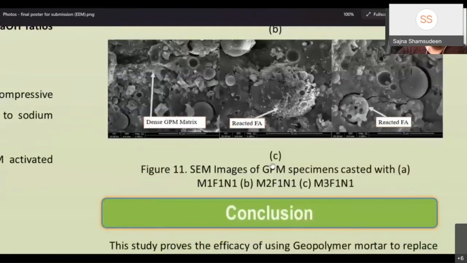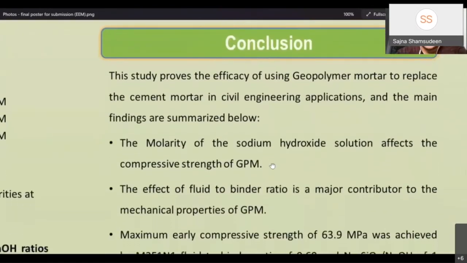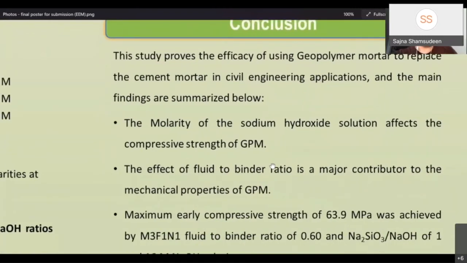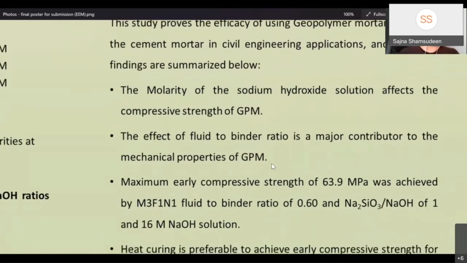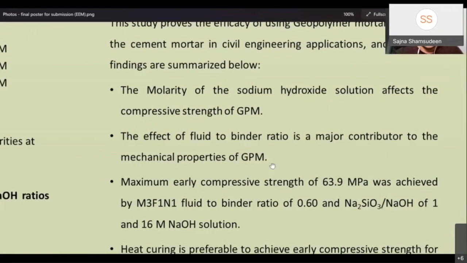So in conclusion of this research, it proves that we can use geopolymer mortar to replace cement mortar in civil engineering applications. It can be used as repair material. The findings of this research were that the higher the molarity, the better the compressive strength for the geopolymer mortar.